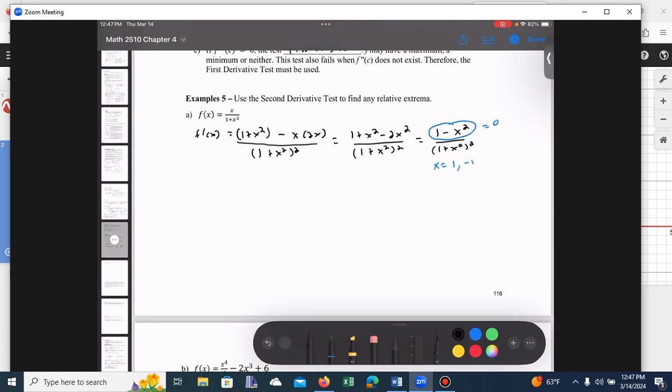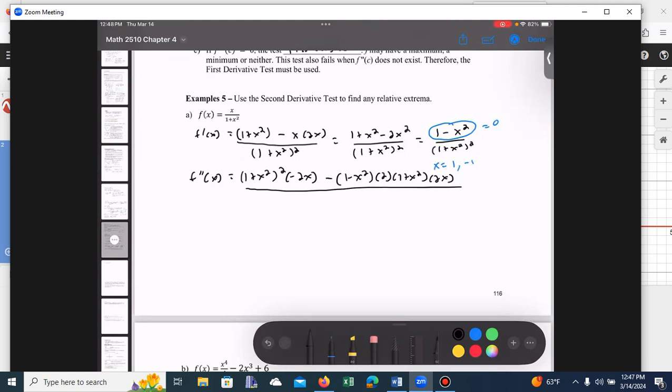Now we take the second derivative. And we're going to have the low, 1 plus x squared squared, times derivative of the high, which is negative 2x, minus the high, 1 minus x squared, times derivative of the low, which is the chain rule, 2 times 1 plus x squared times 2x.